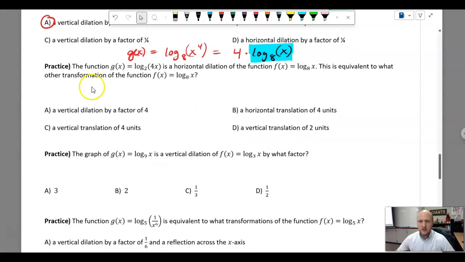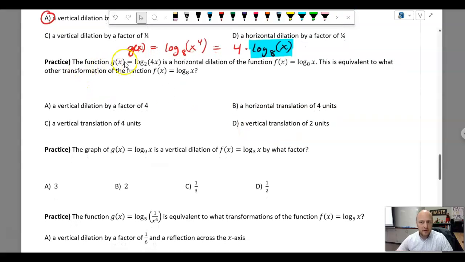Okay, next one. The function g of x equals log base 2 of 4x is a horizontal dilation of the function f of x equals log base 8 of x. This is equivalent to what other transformation of the function log base 8 of x? And I think there is a typo here.